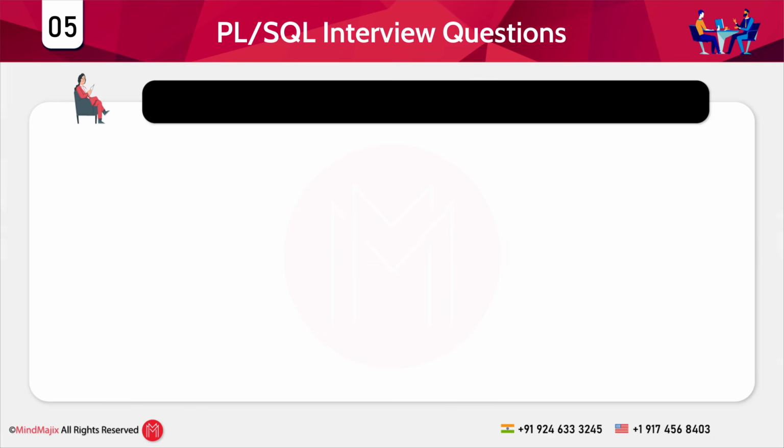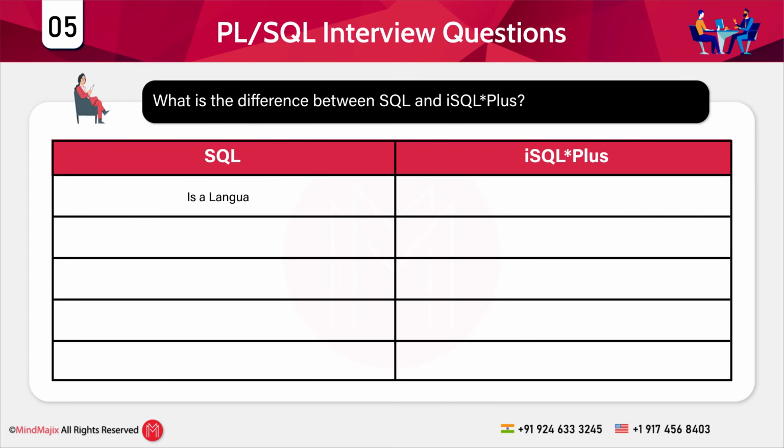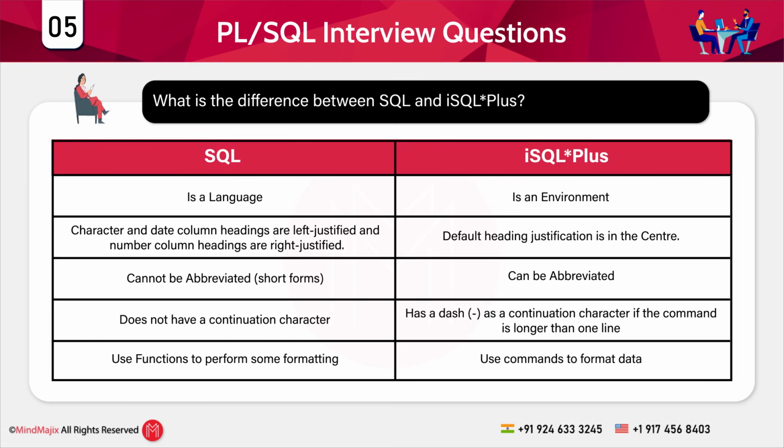The next question is, what is the difference between SQL and iSQL plus? As you can see over here, this is the difference. SQL is a language, structured query language, and iSQL plus is an environment.